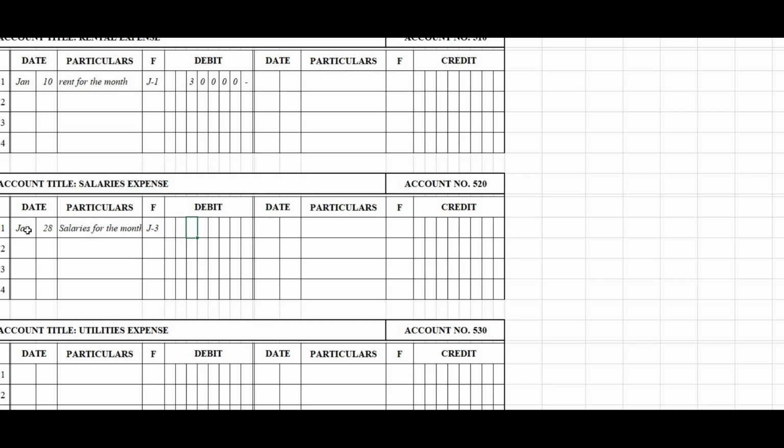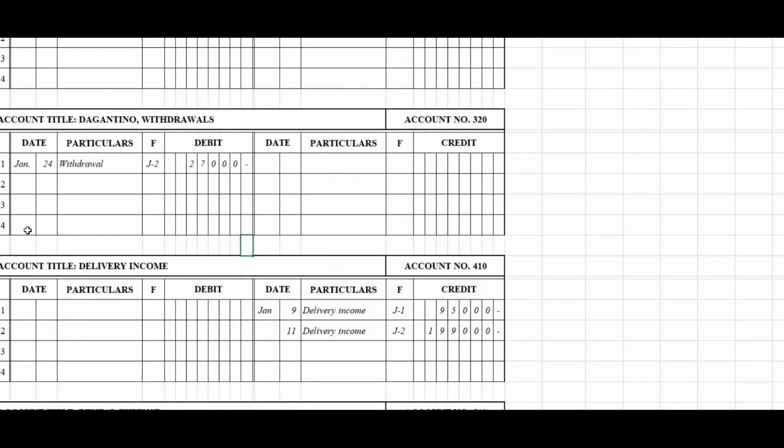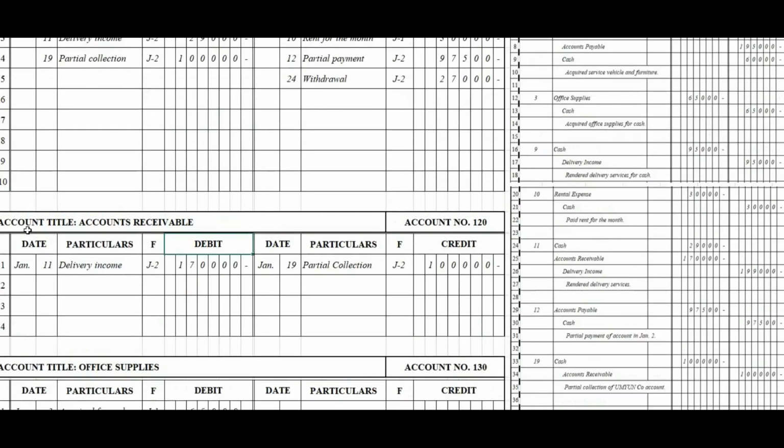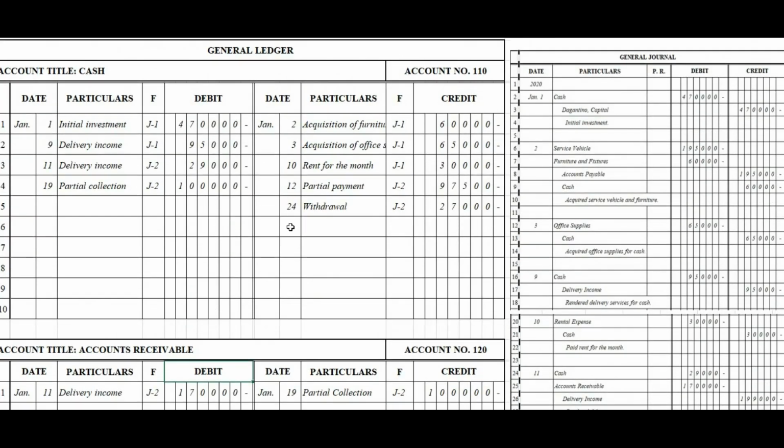So, the amount is 66,000. Then, yung partner niya, of course, yung cash. Credit tayo, 28. Salaries. So, assuming that it's page 3. So, you have 66,000. Yan.